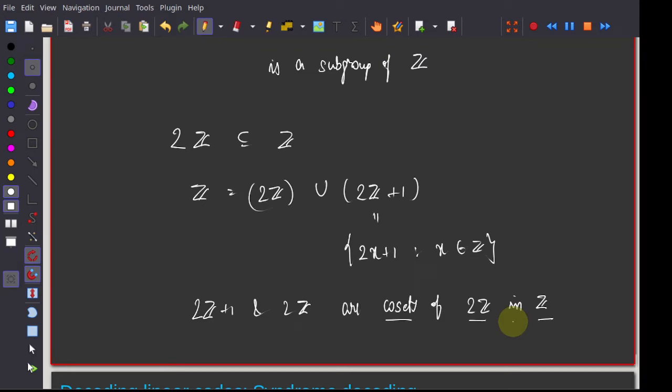Right? And what is the specific structure that these cosets have? They're of course all mutually disjoint, so the intersection is the null set. But at the same time, they're all obtained by taking translates or shifts of the subgroup.